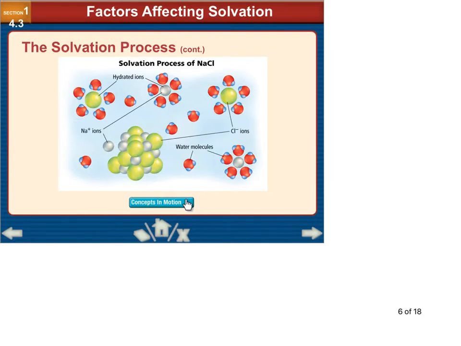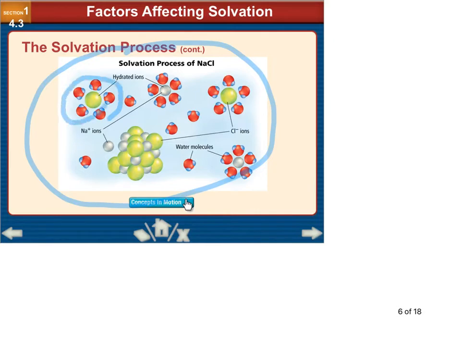And a little illustration of sodium chloride, salt, dissolving in water. What happens is the water molecules are attracted to a chloride ion, with the positive end of the water molecules next to the negative chloride ion.